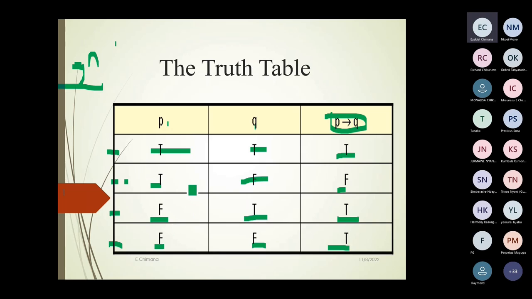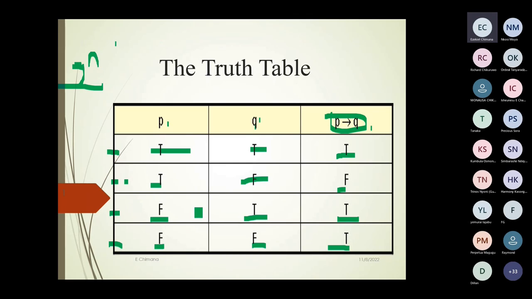Then from there, you need to assign each and every statement its column. So you are going to create a column for statement P and for statement Q and for the result, which is P implies Q. After that, you put the truth values starting from the first column.